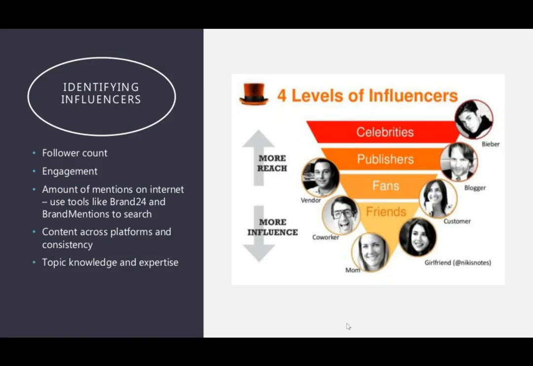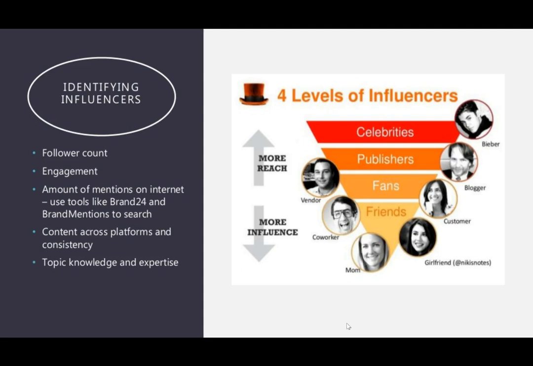I think it's important for us to understand different levels of influencers. Your mom can be an influencer because of the influence maybe she has on locals or in the community. So it really is all about perspective. It starts with friends, and then we have fans, and we've got our publishers, which is your social media influencers, YouTube influencers, and then you have celebrities.